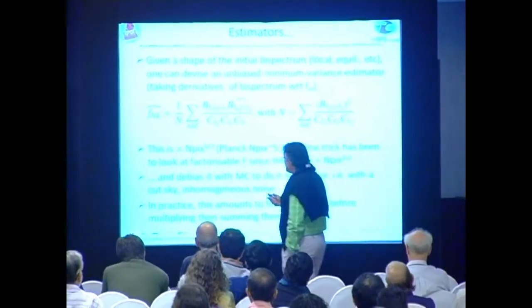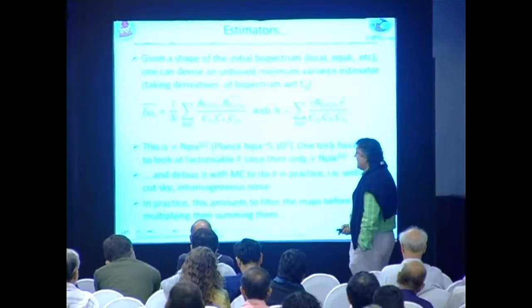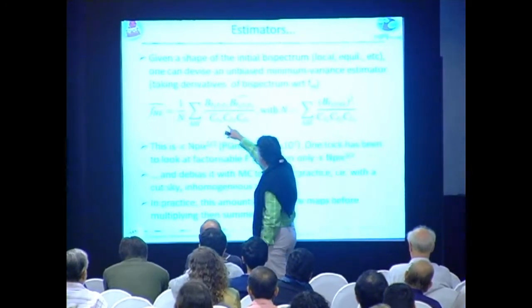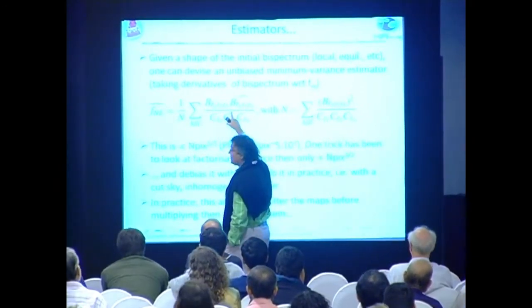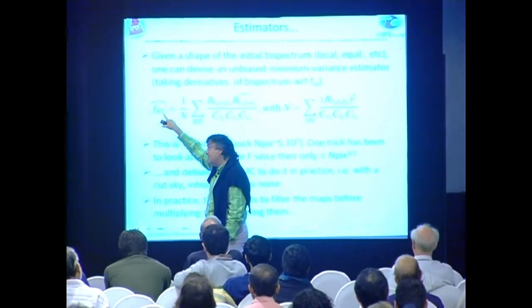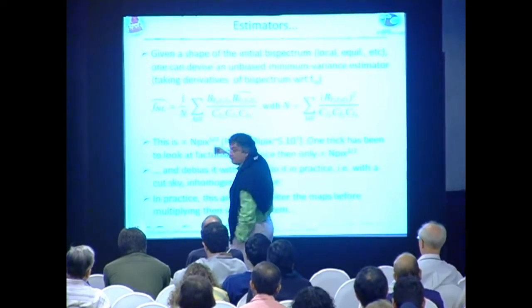And now we have essentially optimal estimators, which are unbiased minimum variance, and we know how to correct them, and I just wrote them. That is, for a particular shape of the 3-point function that you are looking at, you can estimate an optimal amplitude estimator by doing this contraction with the estimating 3-point function.